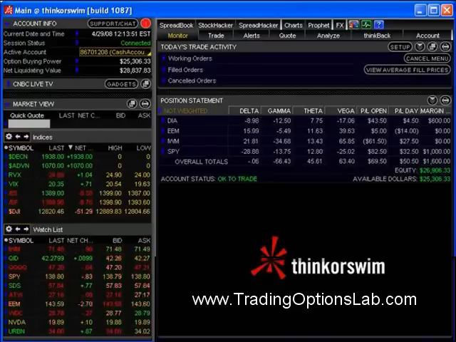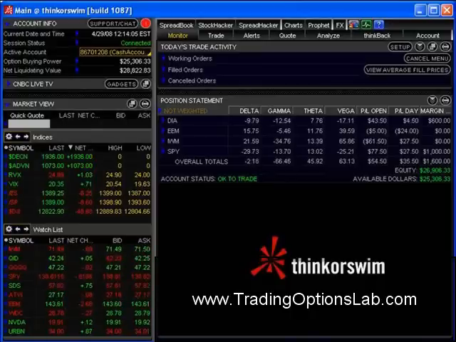I mean, you can put on a bull call spread, and if prices go up, yes, you make money. But you're not going to make the maximum amount of money until you get to expiration. If you have done any type of spread option trading before, and you've put on bull call spreads, let's say you bought an IBM $5 bull call spread for $2.50, and at expiration it's worth $5 because the strike prices are $5 apart.